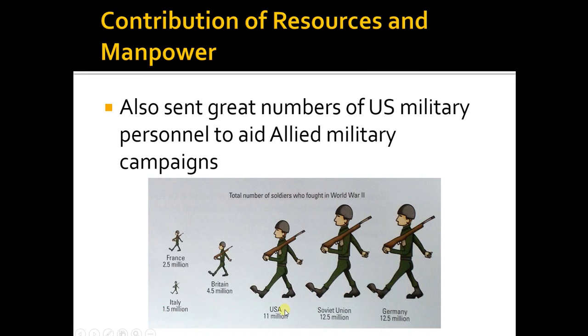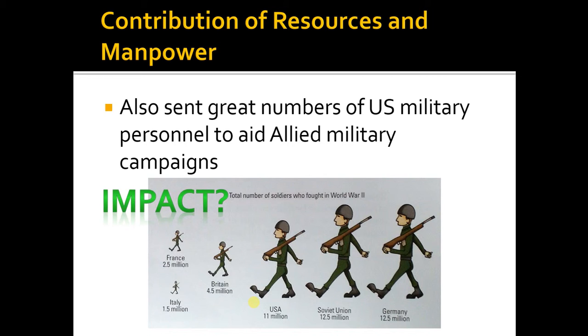And that was almost as many as the number that the Germans sent. But remember, the Germans were fighting against the Soviet Union, against the USA, against Britain. So when you combine all the manpower that the Allies enjoyed, they basically really overwhelmed what the Axis powers had.